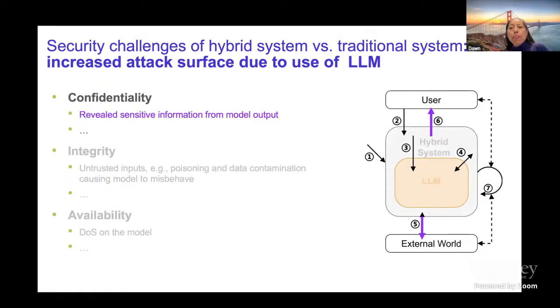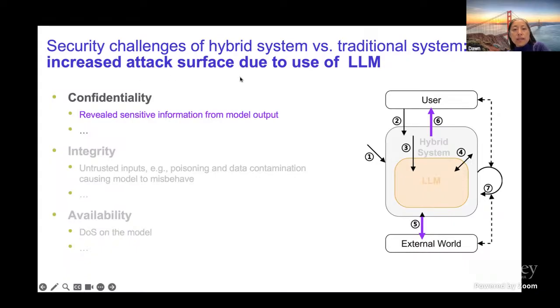So also, when we look at the agentic hybrid system versus a traditional system, given the complexity of the system, and in particular the use of large language models, there is increased attack surface due to the use of large language models. So for these three key security properties, the use of LLMs introduces increased attack surface.